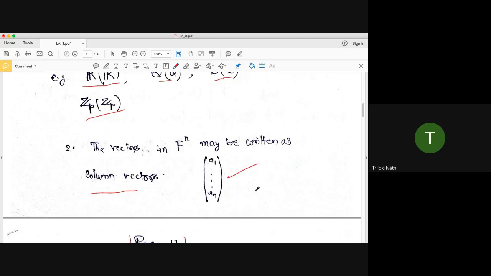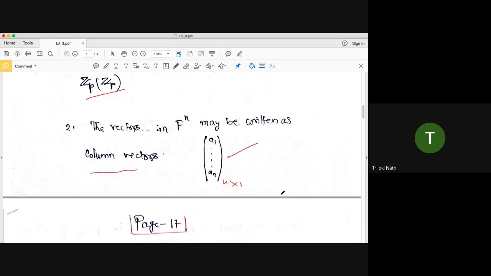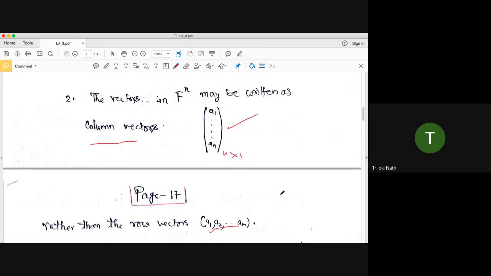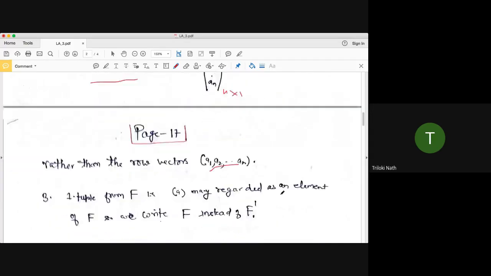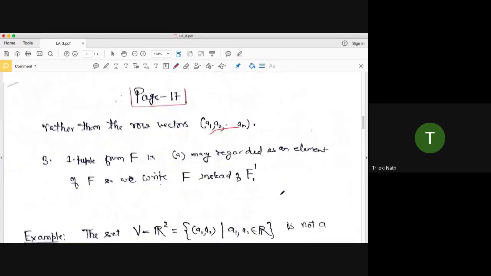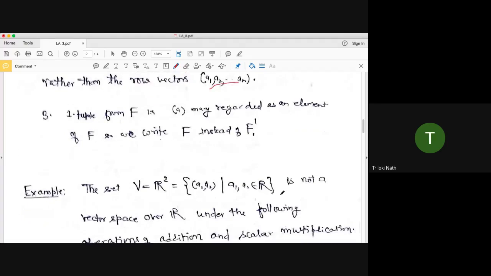So you can visualize the set of n tuples as the set of n column vectors. That is, this is an n cross 1 matrix. So Fn can be regarded as the set of all n cross 1 matrices over F, right? This is another way of looking at Fn, in the form of column matrices having n components.